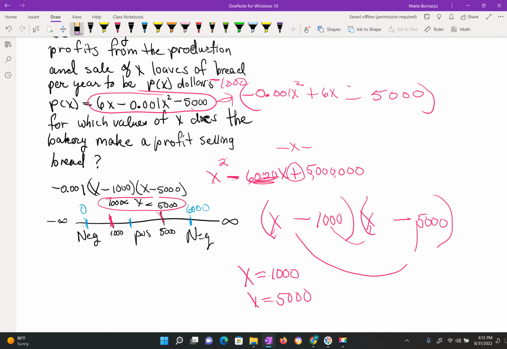It turns out the only values that work are in the middle, from 1,000 to 5,000. If you use 0, you get negative 5,000. If you used negative 10,000, you got negative 45,000. However, in the middle, if we chose 2,000, this would work, giving you a positive answer. Okay?